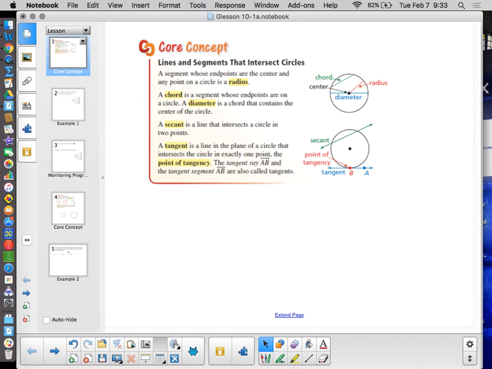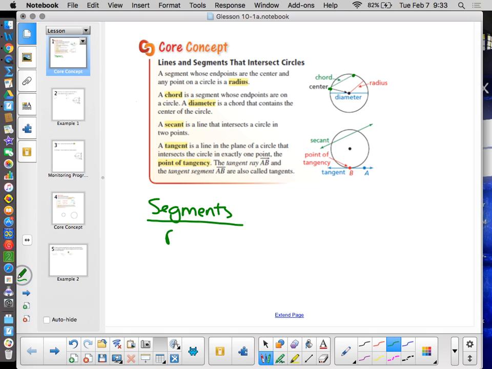A chord is a segment that has both endpoints on the circle. So when it comes to segments, the following things are segments. A radius is a segment. It has two distinct endpoints, one at the center, one on the circle. A diameter is a segment, two distinct endpoints, both on the circle, but passes through the center.